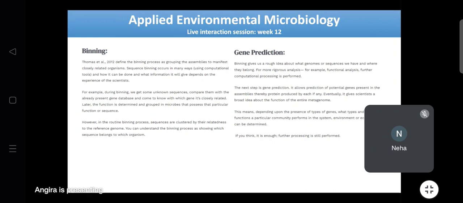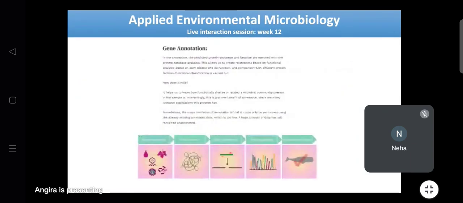So once we get enough information about it, further processing is done. Then comes gene annotation. In this process, the predicted protein sequences and functions are matched with the protein databases that are available. Previously we had matched the nucleotide sequences. Now we are matching with protein databases, and therefore it allows us to create relatedness based on functional analysis.